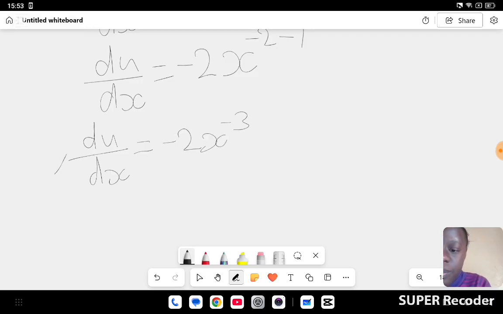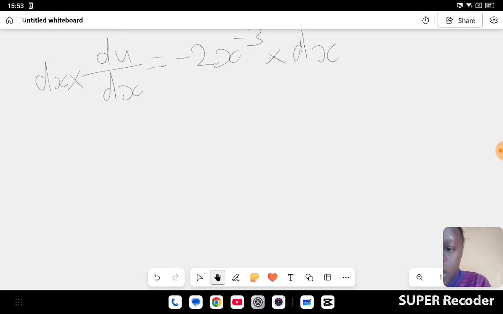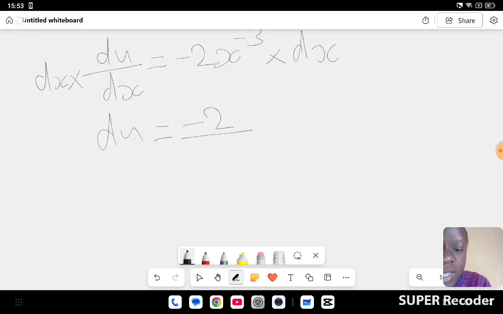Then you multiply both sides by dx, so du is equal to -2, and let's write this x in the form of its positive exponent, multiplied by dx.